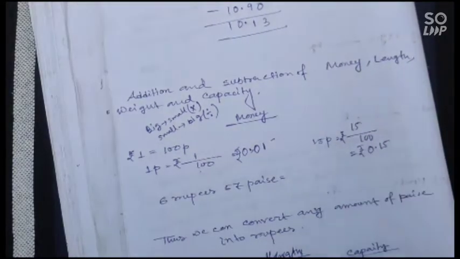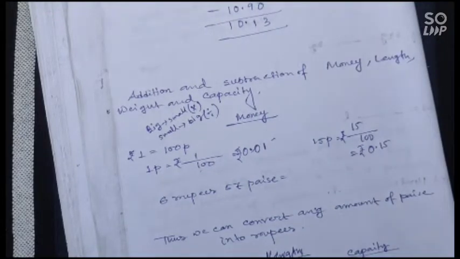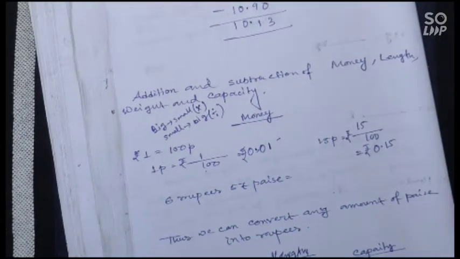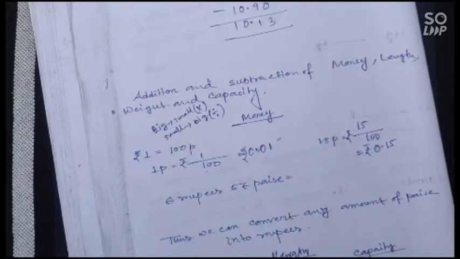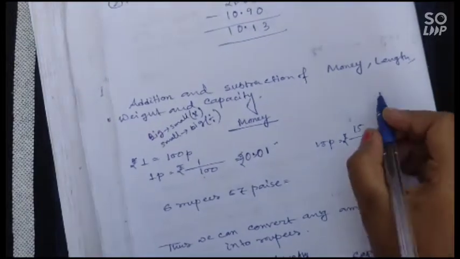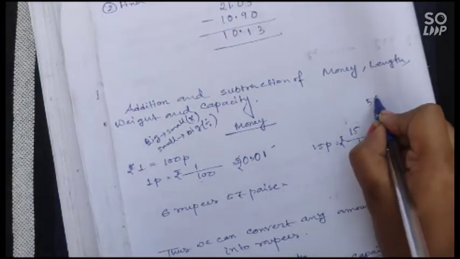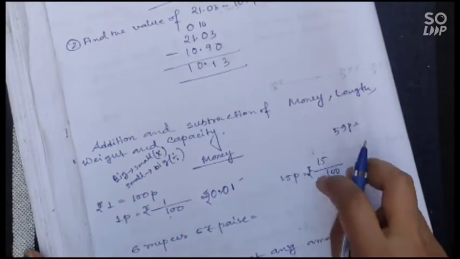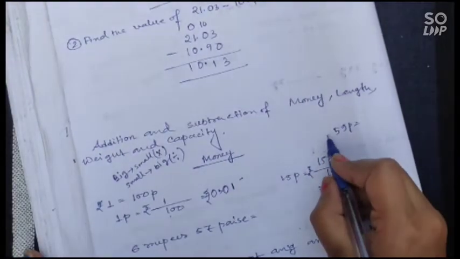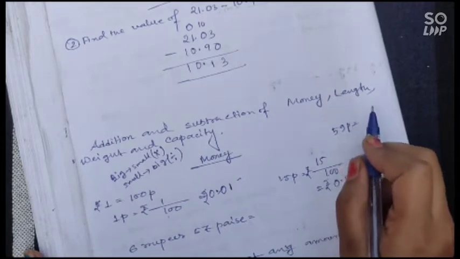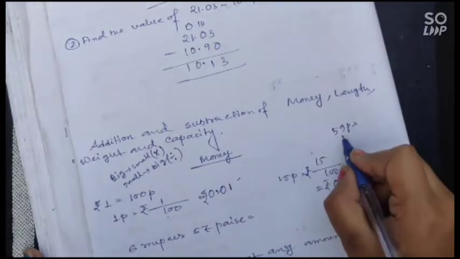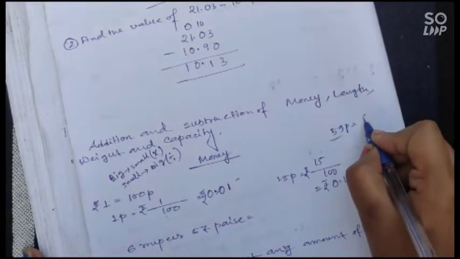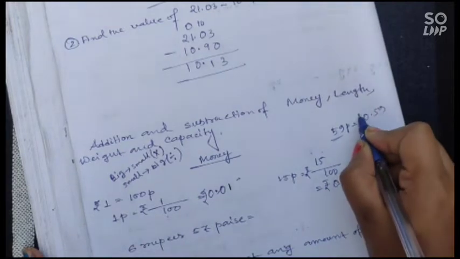So when you need to convert paise into rupees, you have to place the decimal before the last 2 digits of the quantity of paise. If I ask you 59 paise equals how many rupees? This is very easy. You just place the point before the last 2 digits of the quantity of paise. So here is 59 paise, that means this will be 0.59 rupees.